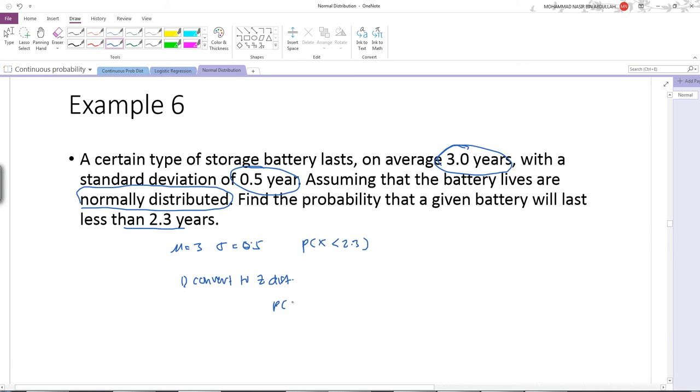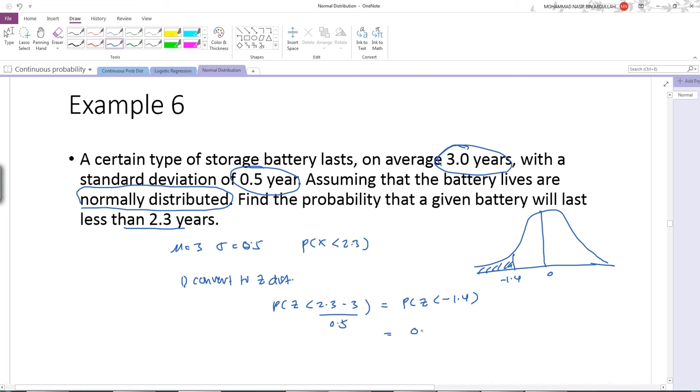So the probability of z less than (2.3 minus 3) divided by 0.5 is equal to the probability of z less than negative 1.4. Here is the area that we want to find, right? So this is going to be 0.0808.